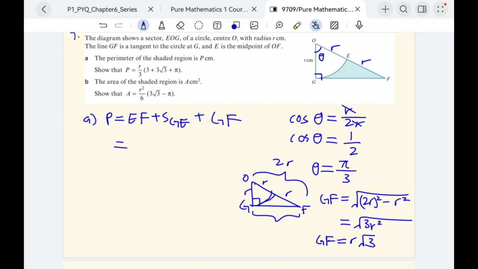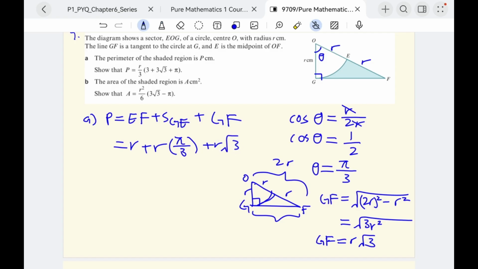So where is your r? This is your r. Where is your EF? It is r. What is the arc length of GE? r theta, so r times pi over 3. Where is your GF? r root 3.